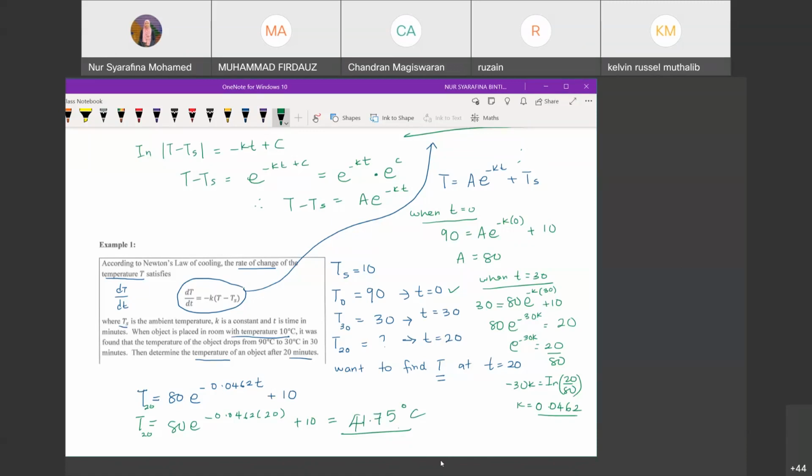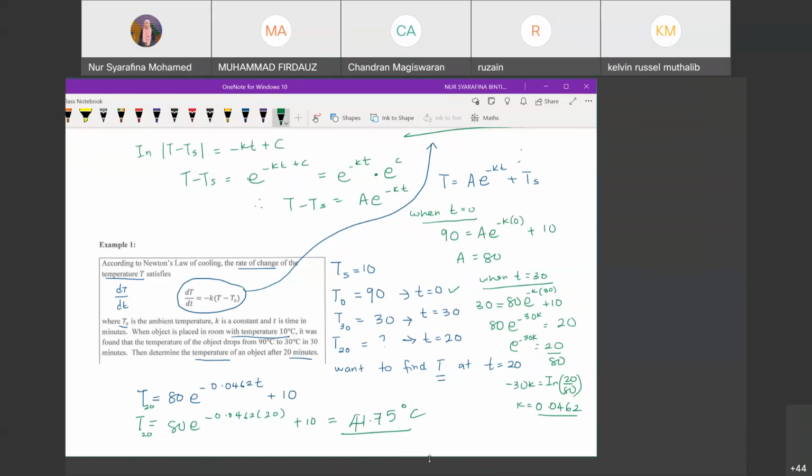So this is how you can apply the differential equation that you have learned. First, you need to identify which type this kind of differential equation follows. Is it separable? Is it homogeneous? Is it linear? Is it exact? Is it Bernoulli? Once you understand the types, then you can understand the problem.